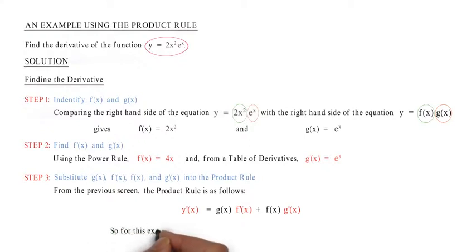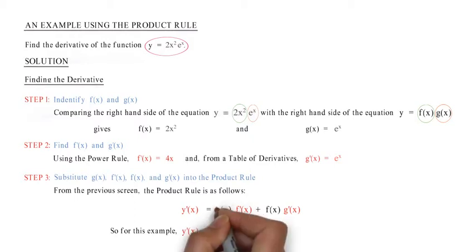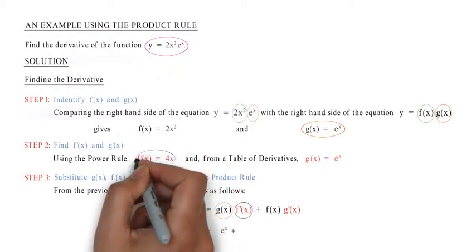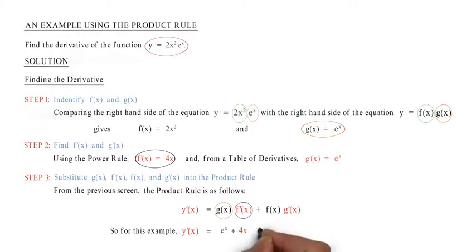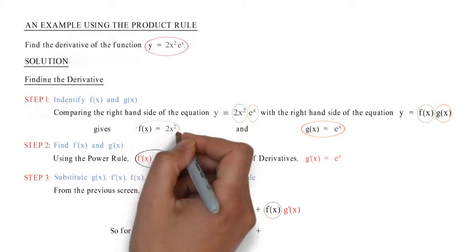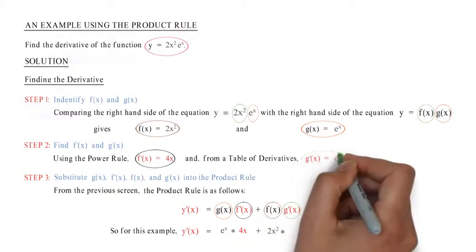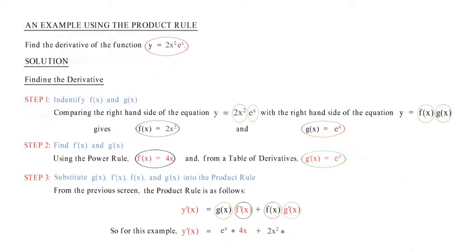So for this example, y'(x) equals g(x), which is e to the x, times f'(x), which is 4x, plus f(x), which is 2x squared, times g'(x), which is e to the x.